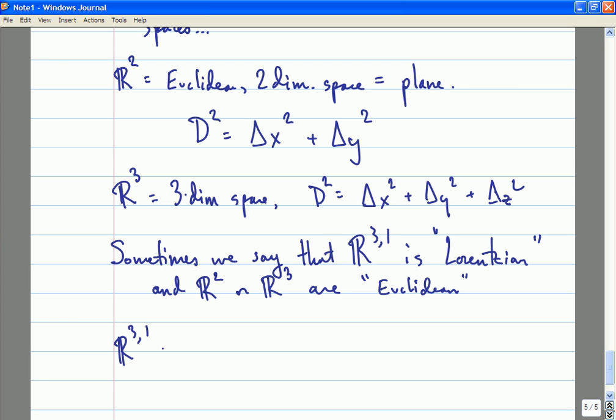So that's what I've been calling delta s squared, and it's given by minus delta t squared plus delta x1 squared plus delta x2 squared plus delta x3 squared. So this formula for delta s squared is, of course, reminiscent of the Pythagorean formula for distance, but with some funny-looking minus sign.